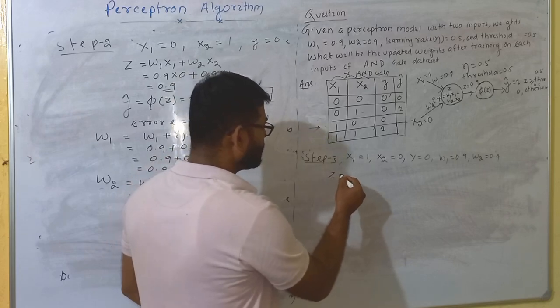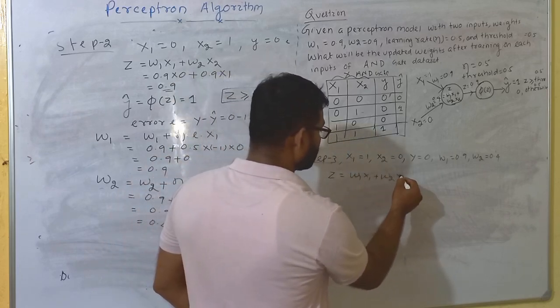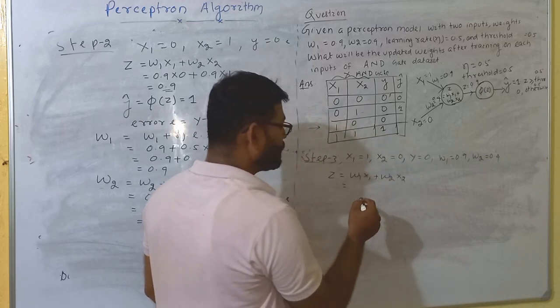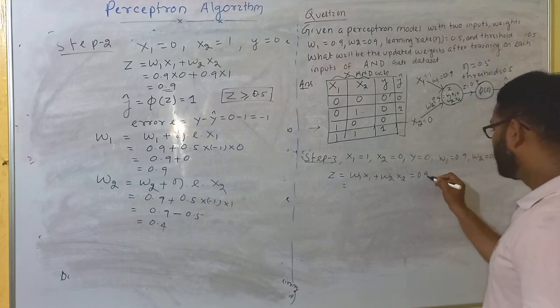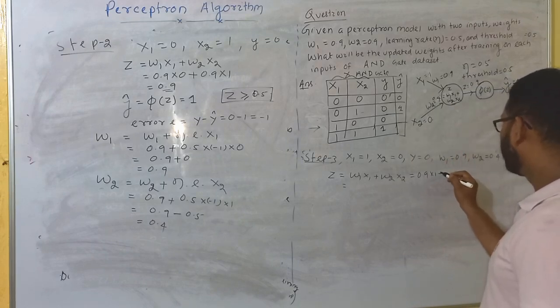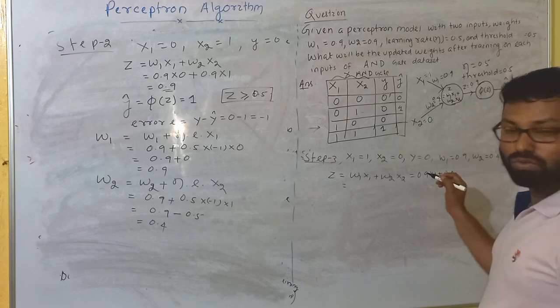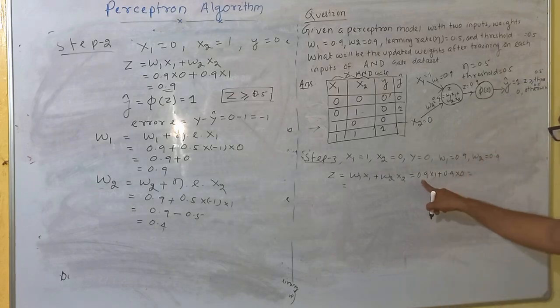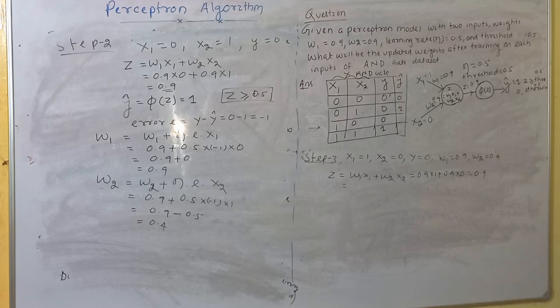My weighted sum z is equal to W1 x1 plus W2 x2, which is 0.9 into 1 plus 0.4 into 0. This part is 0, so it remains the same. So my z is 0.9.